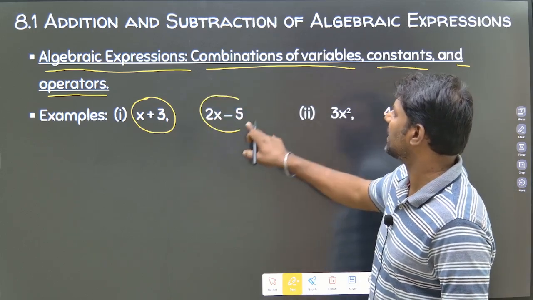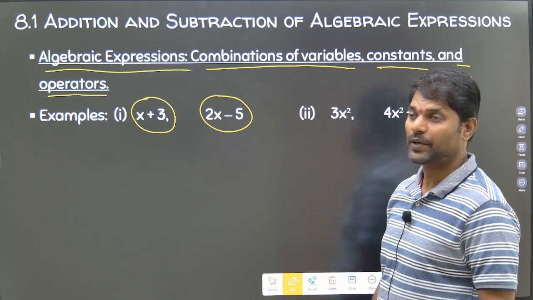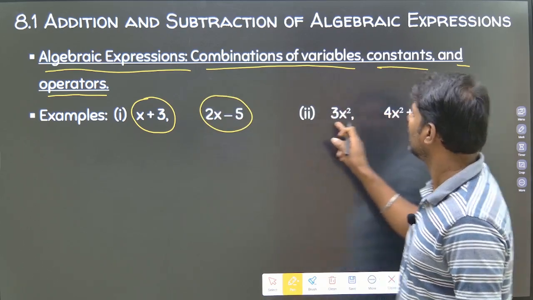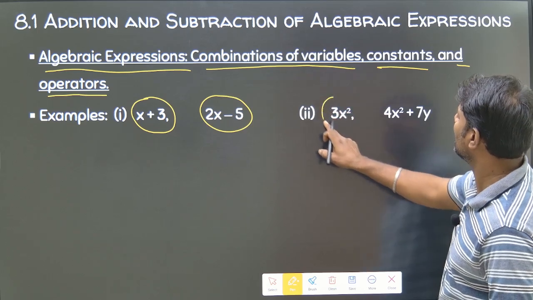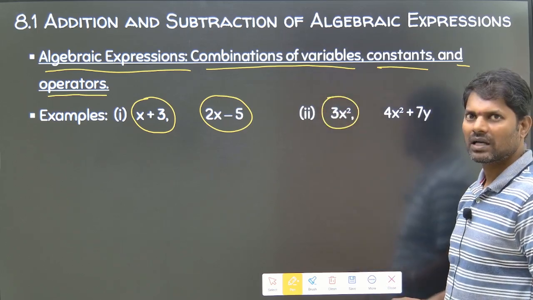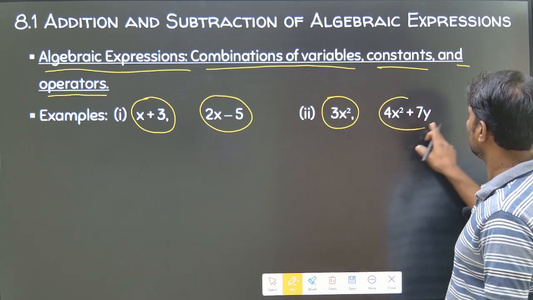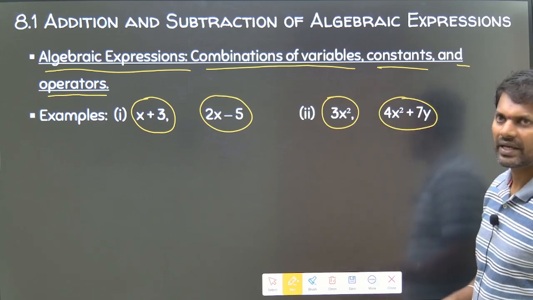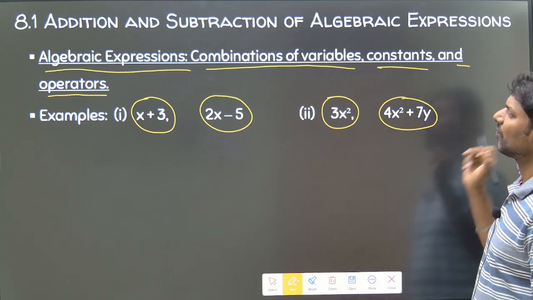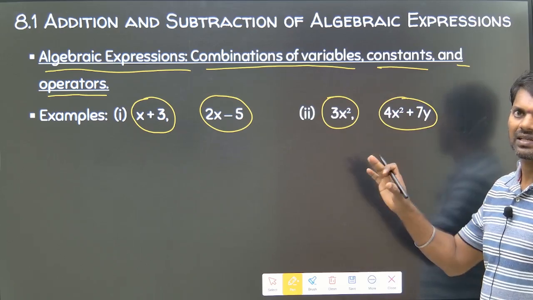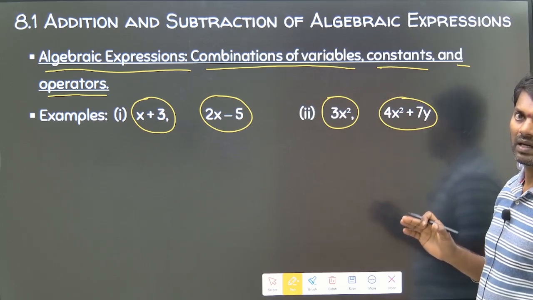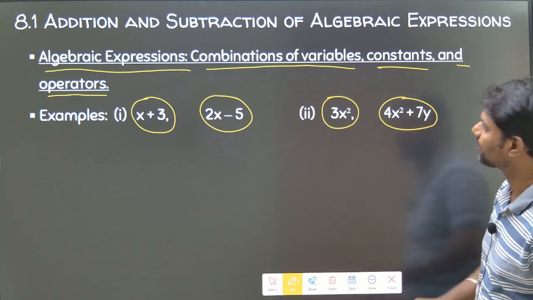This is another algebraic expression, 2x minus 5. Then algebraic expression 3x square, here is 4x square plus 7y. So these are some examples of algebraic expressions.